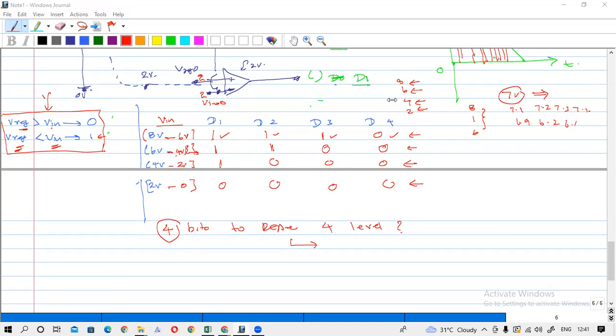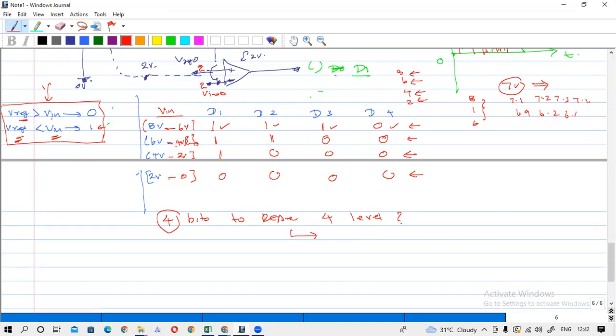You don't need 3. How many bits to represent 4 levels? Please tell me.